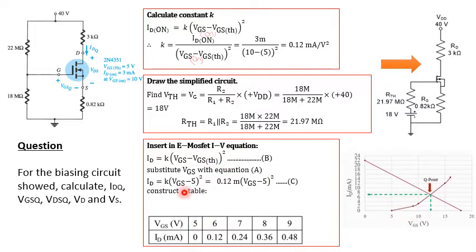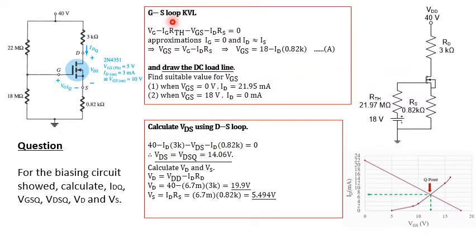After that, you have to analyze the GS loop and also the DS loop. Let me draw for you. Because this one is D, S and G, this one is the DS loop, and this one is the GS loop.